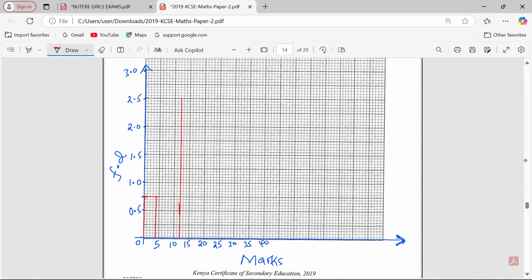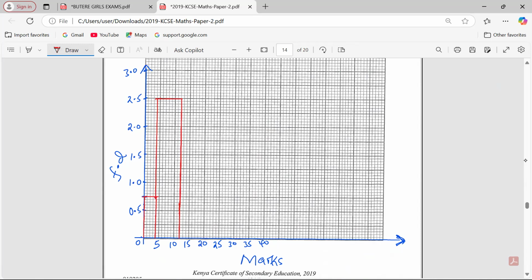That's where 12 is, and we can see where 2.5 is. So the secret here is coming up with a very good choice of scale, which will accommodate your classes and also the frequency densities.